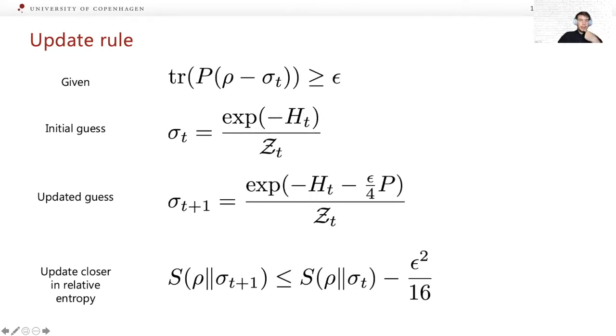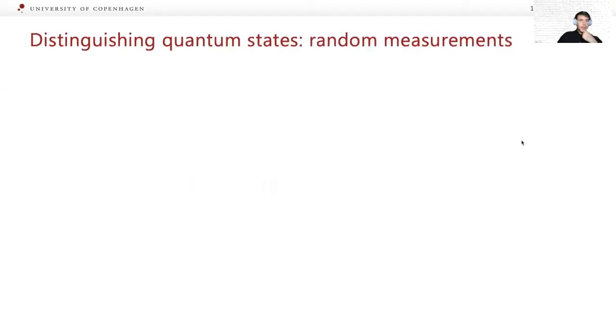And if we update our guess in this way, we actually become closer in relative entropy. So if we denote by S the relative entropy between the target state and our guess, by updating this way we get closer by epsilon squared. So every time we are able to distinguish, we become closer in the relative entropy, which can be thought of as some sort of distance measure between the states, to our target. Okay, so that's the philosophy of the algorithm.